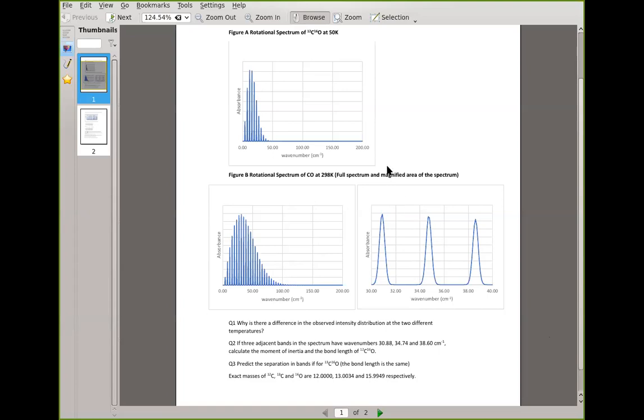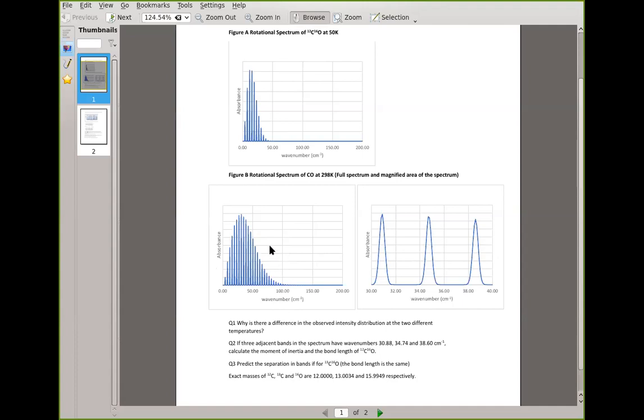Right. The second problem that I wanted to see if there were problems with is the rotational spectrum of carbon monoxide. This is the rotational spectrum of carbon monoxide at 50 Kelvin. That's a very low temperature. And this here is the spectrum of carbon monoxide at a reasonable temperature.